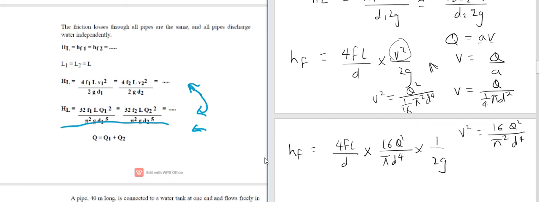And when you simplify this further, 2 cancels 2 here, remainder 2, so HF will now be equal to 32, that's 2 times 16, 32 FL Q square over pi square d to power 5 g.